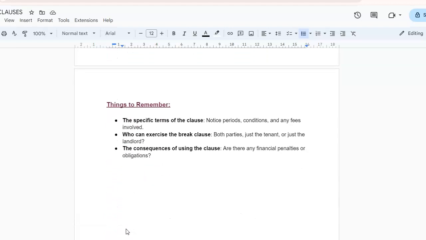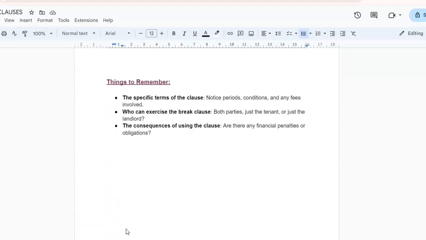So now let us get into the important things that you ought to know and remember when it comes to break clauses. Before you sign any contract with a break clause, you must make sure that you understand these three very important points. Number one, you need to understand the specific terms of the clause. This includes notice periods, conditions, and any fees involved.